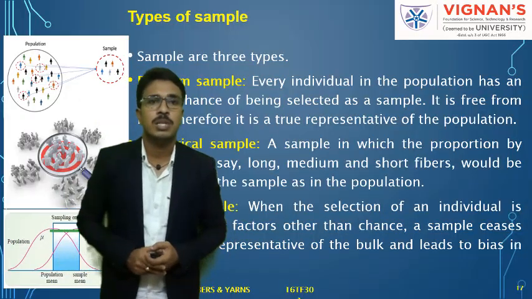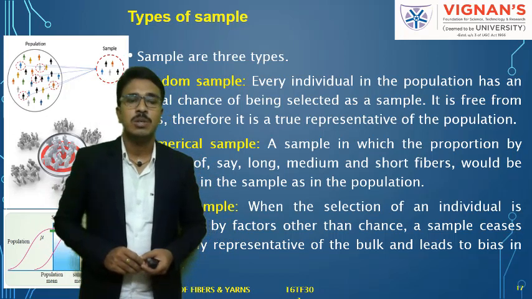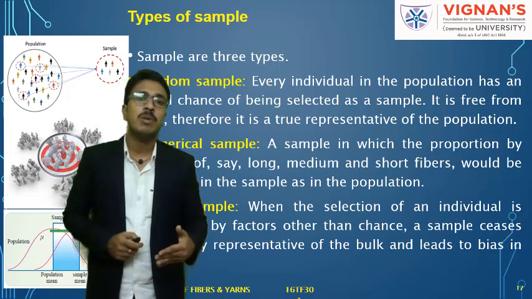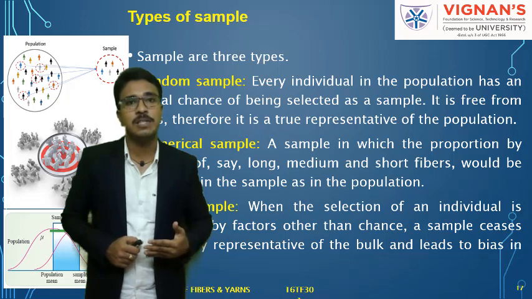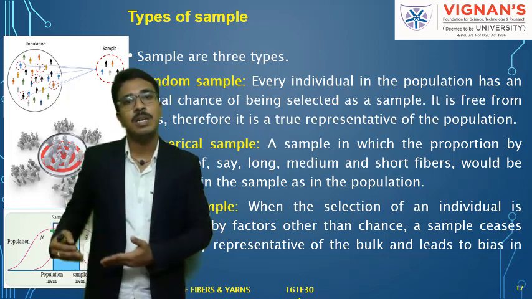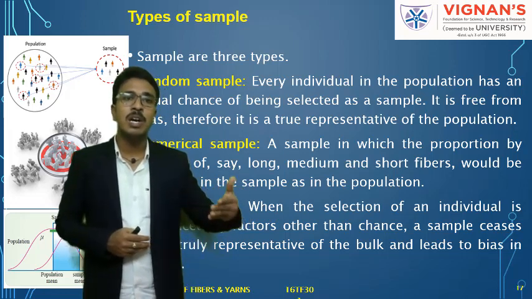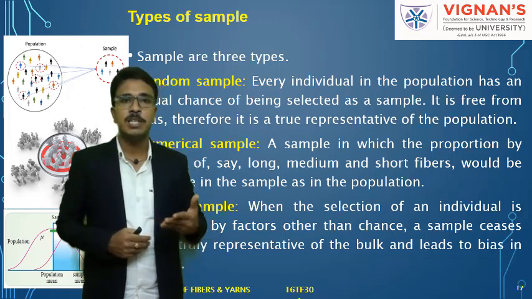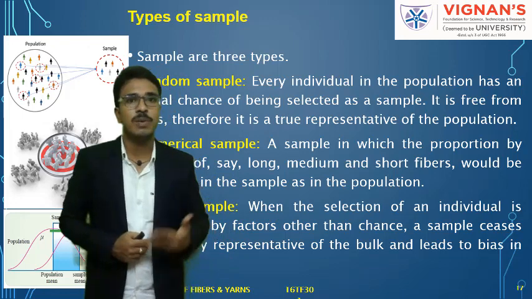Okay, so this is all about today's class. In this session we have discussed in detail the determination of sample size for testing and how to select the samples for testing. In the determination of sample size, we discussed how to determine the sample size for testing based on the formula n equals t squared into v squared by e squared.